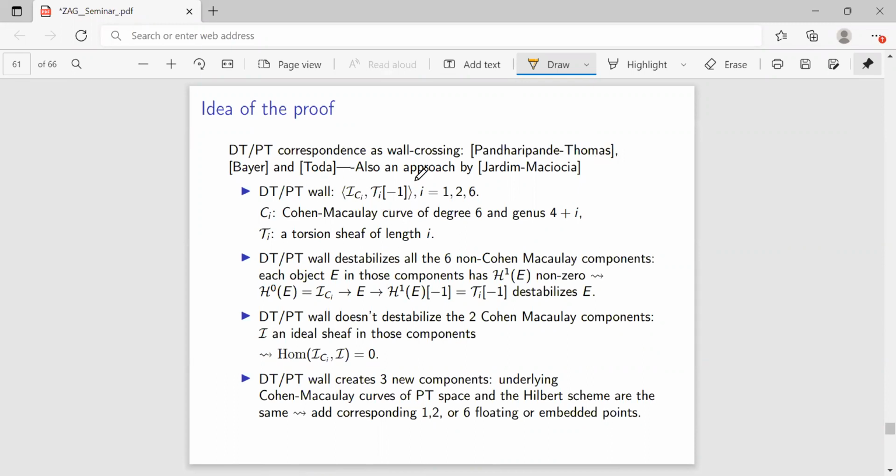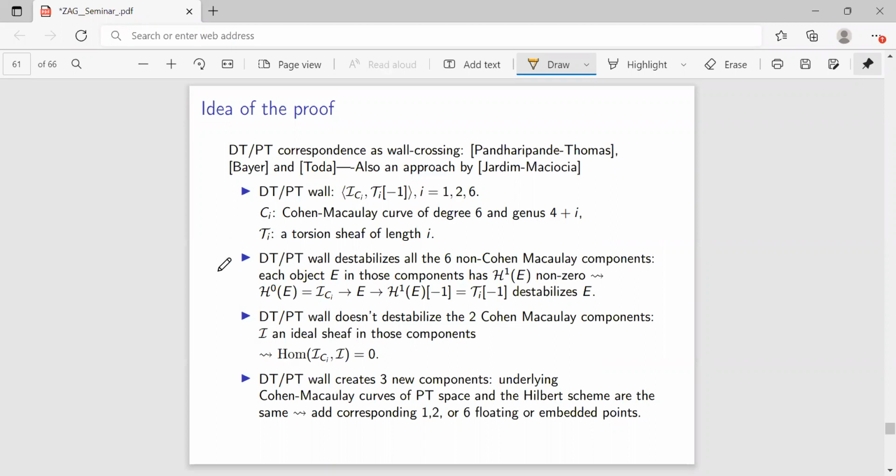So this is the explicit description of the DT/PT wall given by these walls, the I_i's and T_i's shifted by minus 1, for i equal to 1, 2, and 6. These C_i's are Cohen-Macaulay curves of degree 6 and genus 4 plus i, and T_i's are torsion sheaves of length i.